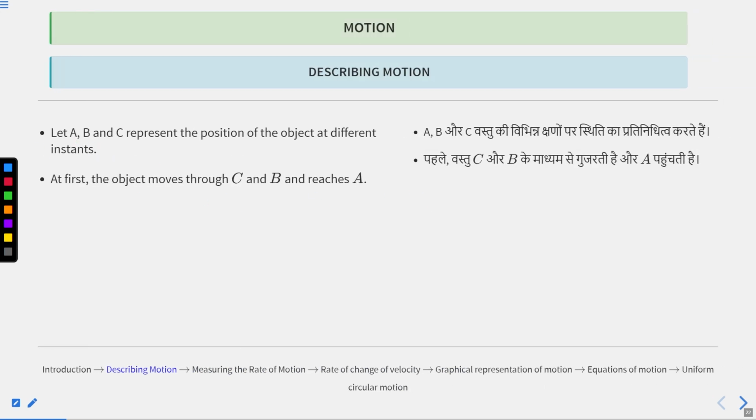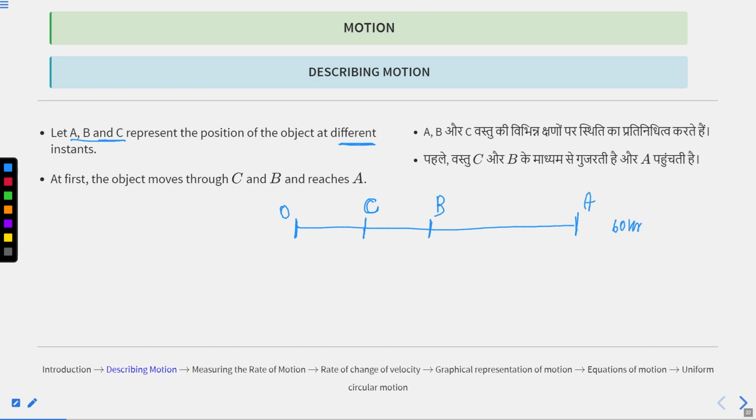Let A, B, C represent the position of the object at different instants. A, B, C are the three positions at different times. At first, the object moves through C and B and reaches A. From O, you first reach the C point, then B point, then A point.